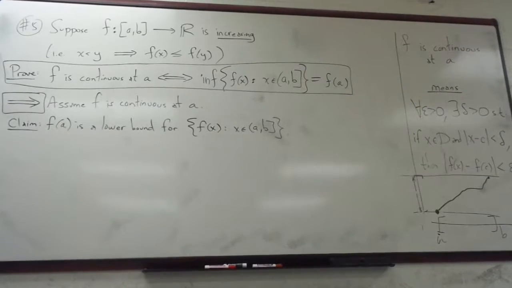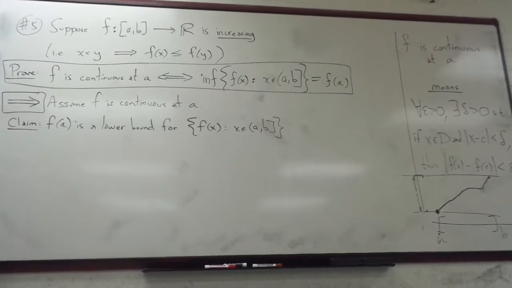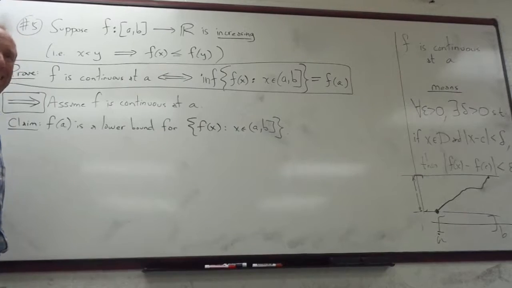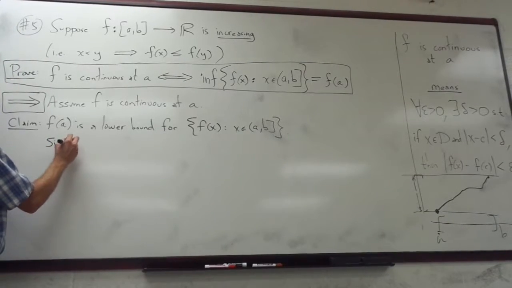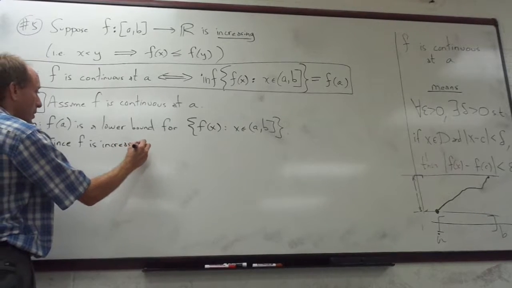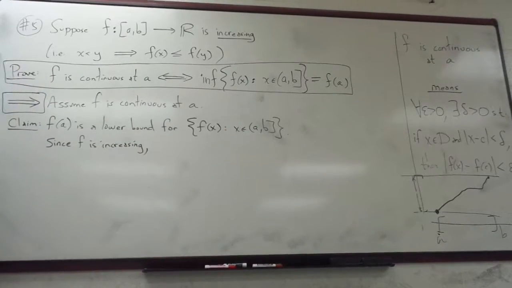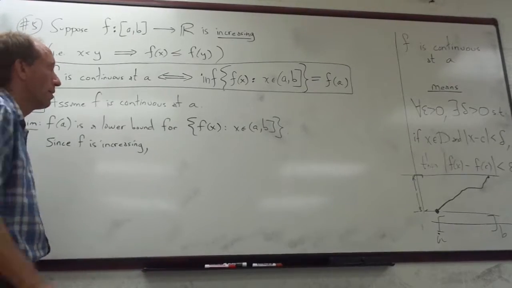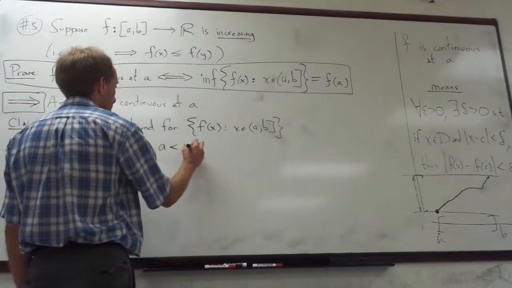Okay? Can anybody tell me why that's true? This is a quick one. Why is f of A a lower bound for that set? Since f is increasing, that means that if A is less than any point on.